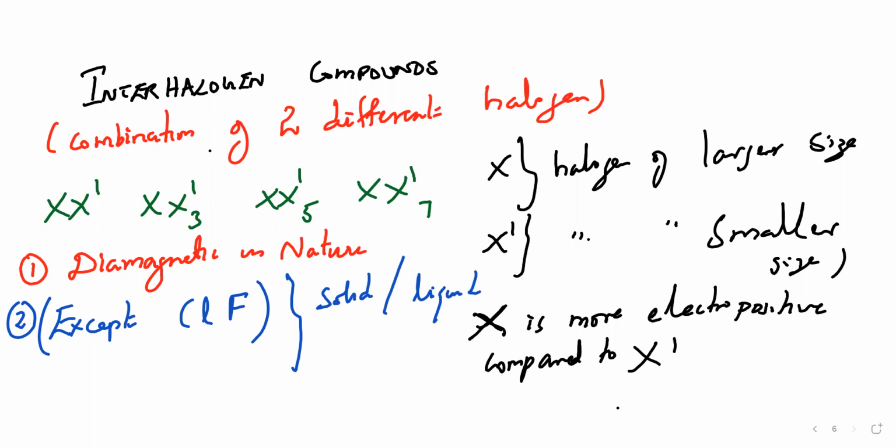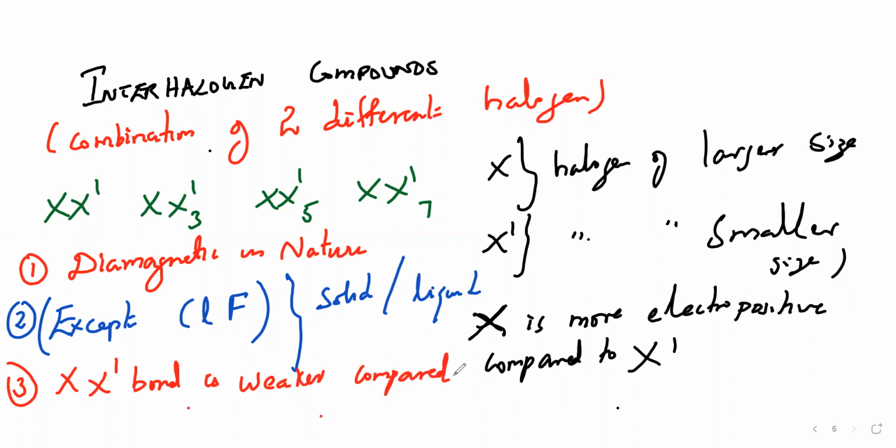And the third one: this XX' bond is weaker compared to the XX bond in halogens. Even if I say this, is there an exception? Yes, there is an exception in this also, that I'll write down here.